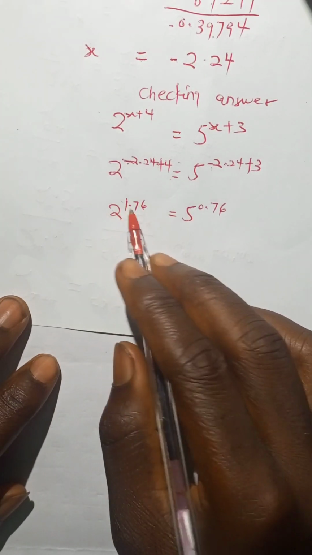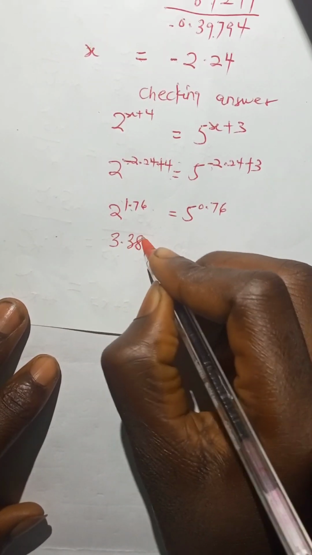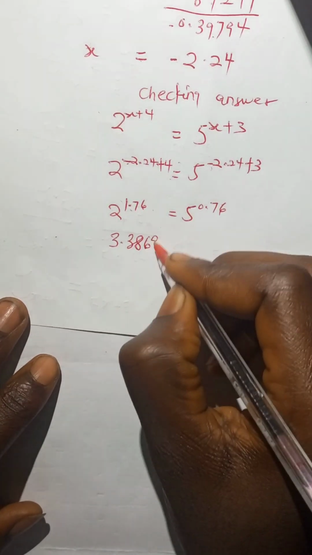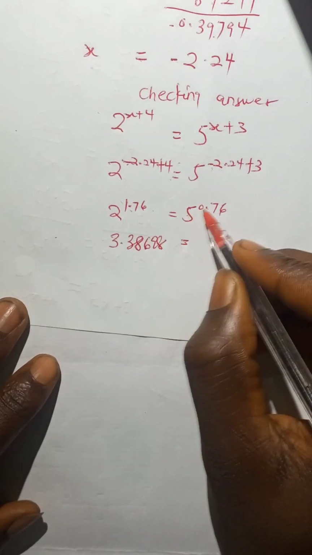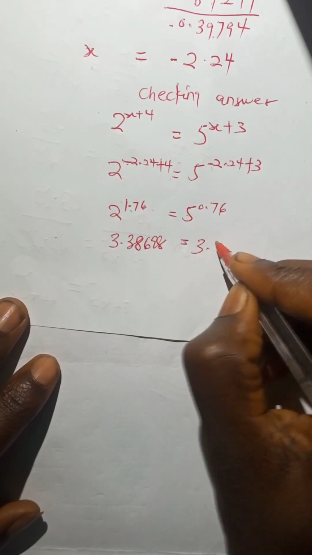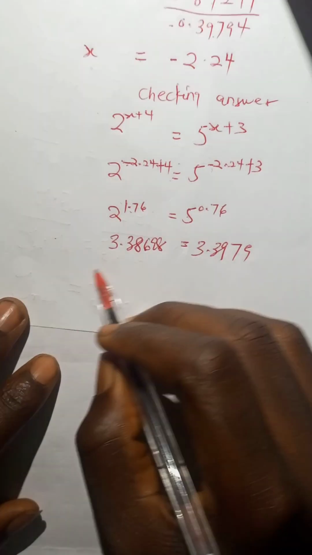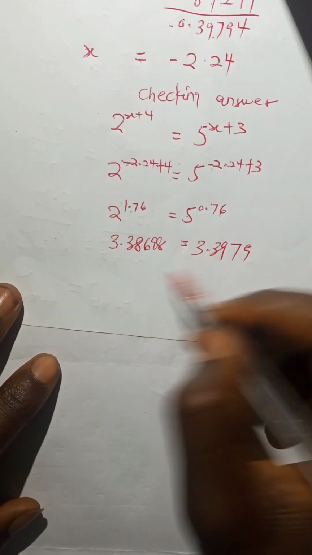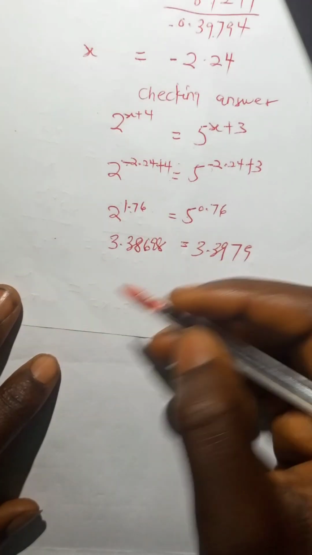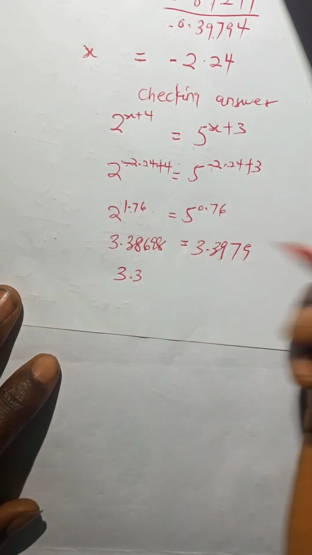Okay, so 2 raised to the power 1.76 gives us 3.38698 and 5 raised to the power 0.76 will also give us 3.3979. So you can see that they are the same. So let's approximate it. So we have 3.39, 3.39.